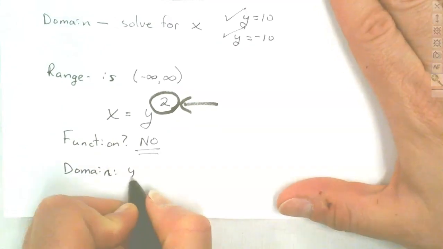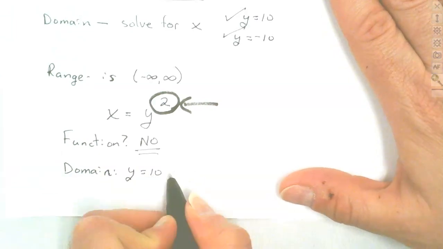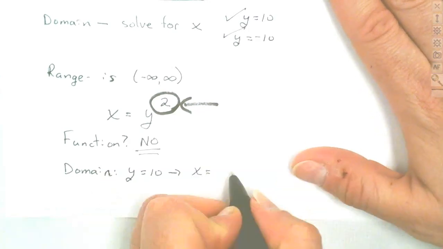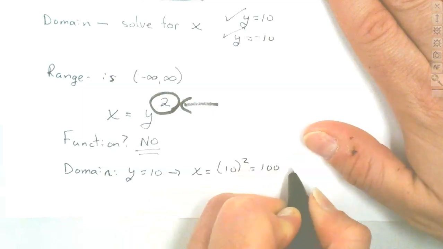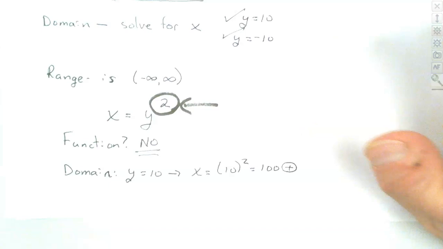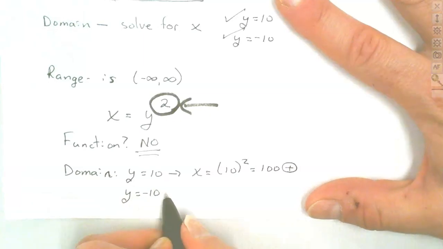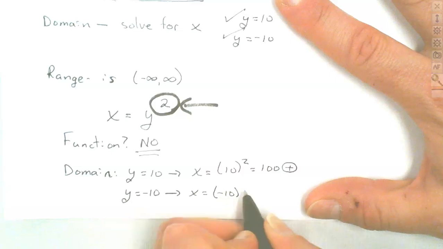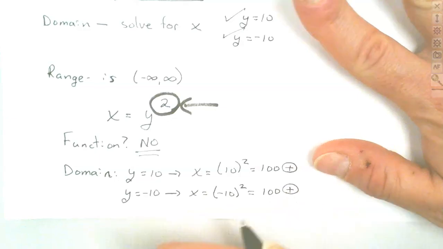So we're going to check y equals 10. If I plug in y equals 10, that gives you x equals 10 squared, which is 100, and so that's positive. If we plug in a negative 10, then that gives you x equals negative 10 squared, which is also a positive 100.